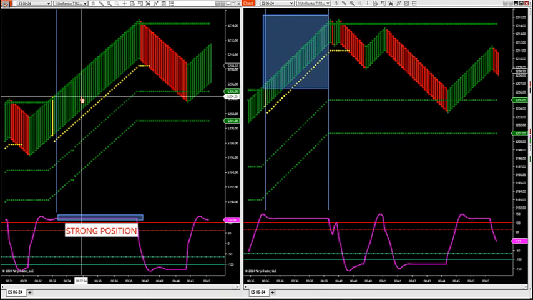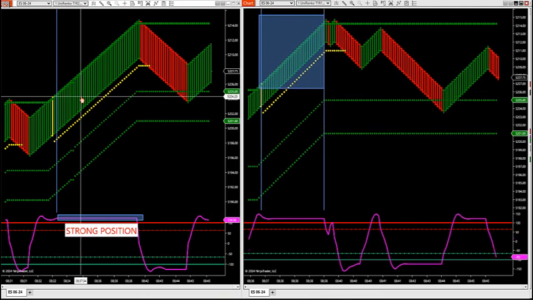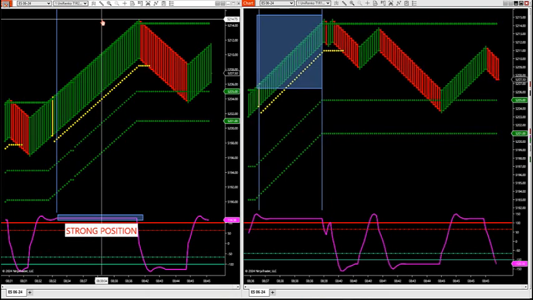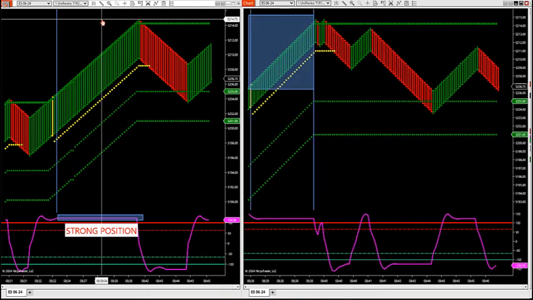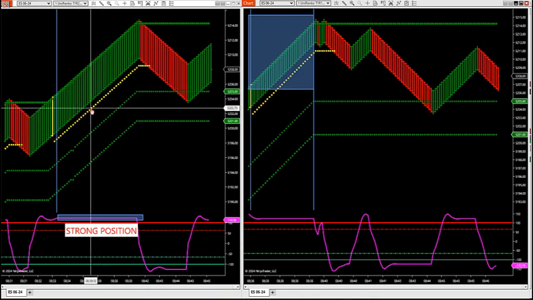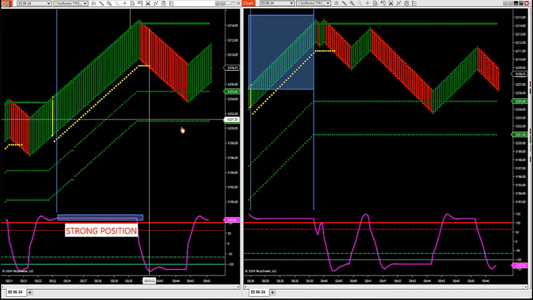Because the entry over here on the larger Renko size was 52.04 3/4. The high was almost 52.15. So you had a 12-point potential S&P point run on the larger Renko size.